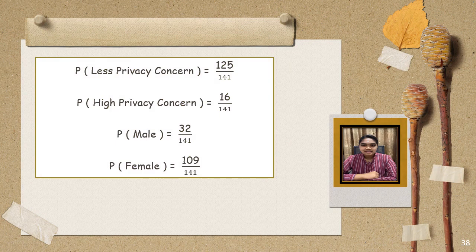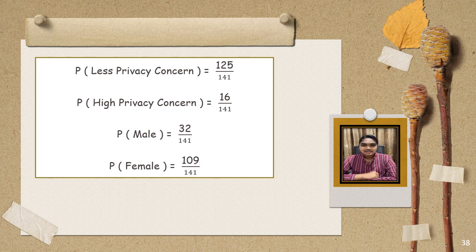From the previous table, we can get the probability for less privacy concern. 125 people have less privacy concern about online shopping, so we divide 125 by 141. For high privacy concern, there are 16 people, so we divide 16 by 141.